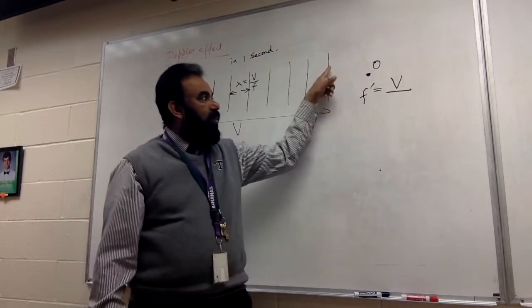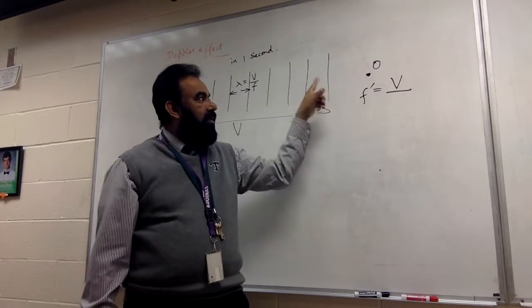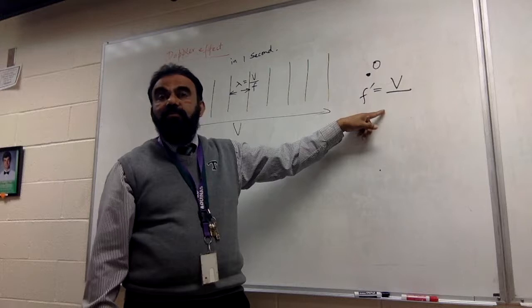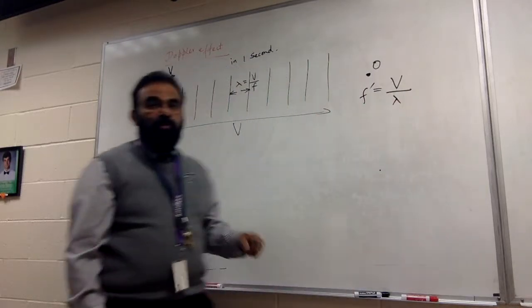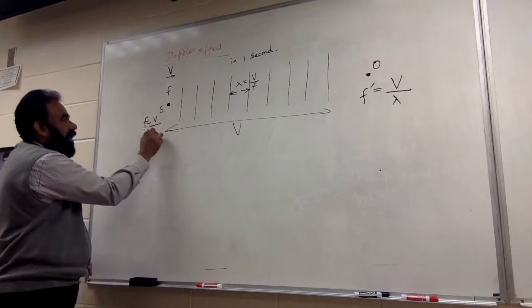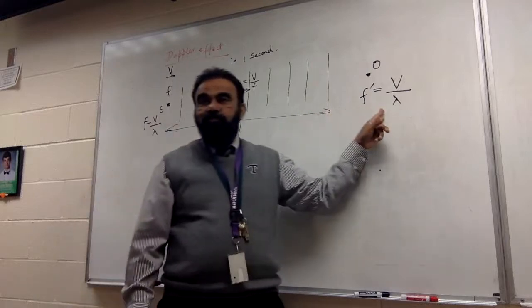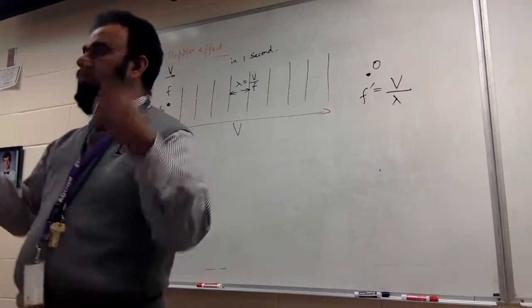Is the speed of the wave approaching him the same or different? Same. Is the wavelength of the waves approaching him the same or different? Same. So therefore, what do you understand now? The frequency that is sent out is V over lambda. The frequency that is heard is V over lambda. And so he hears the same pitch.